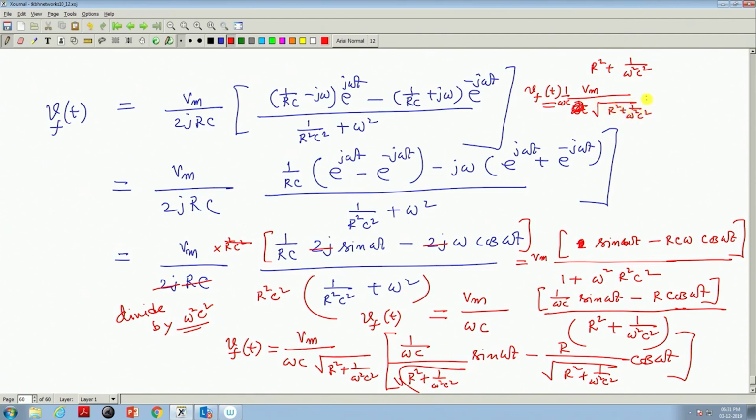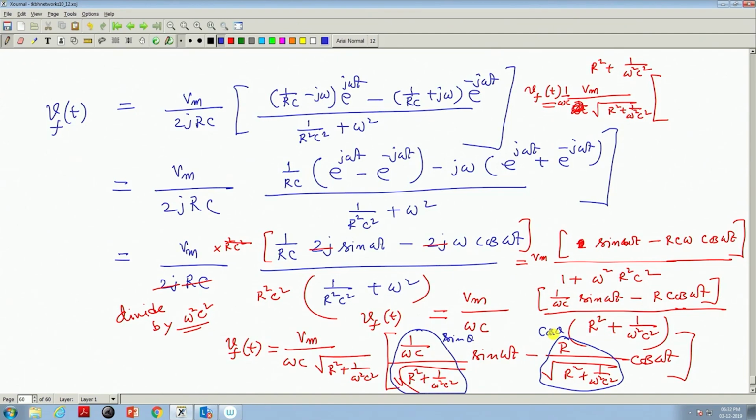Okay, dimensionally also it is coming out correctly. Into, you define this term to be sin theta, and this term to be cos theta, you know. If it is cos theta, the other has to be sin theta.